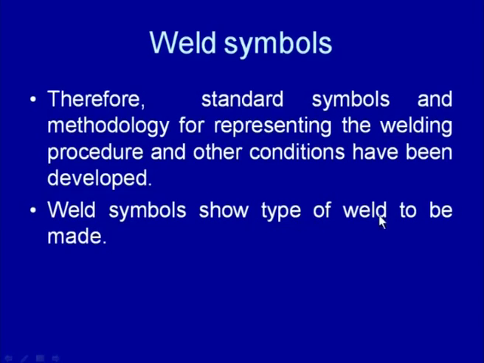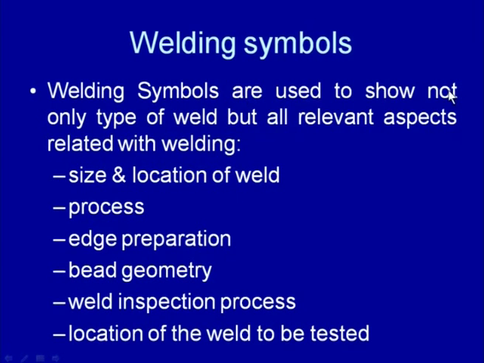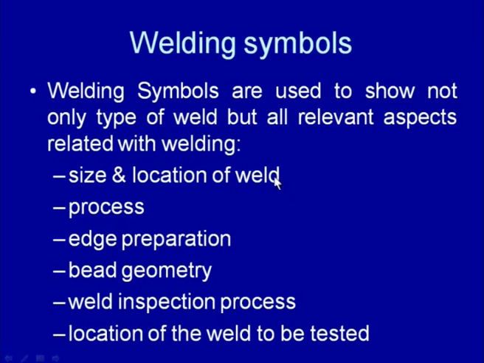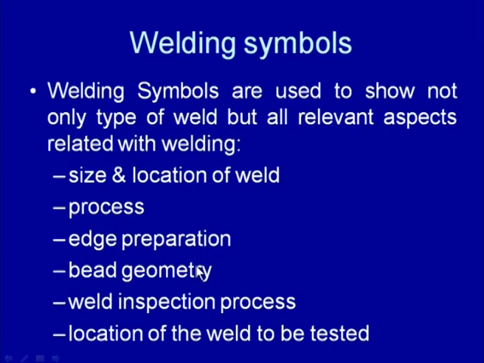Weld symbols show the type of weld which is to be made, and the welding symbols are used to show not only the type of weld which is to be made, but all the relevant aspects related with the welding, such as the size and the location where weld is to be made, the welding process to be used, what type of edge preparation is to be used, like square groove, V groove, and the corresponding angles, the type of weld geometry to be obtained, the kind of finish which is to be obtained, the welding inspection processes to be used, and the locations which are to be inspected, and the areas where weld will be made, and whether weld will be made in the field or on the shop floor.